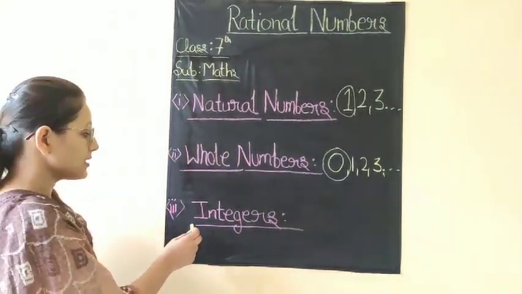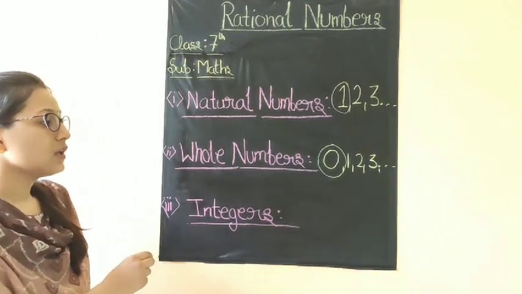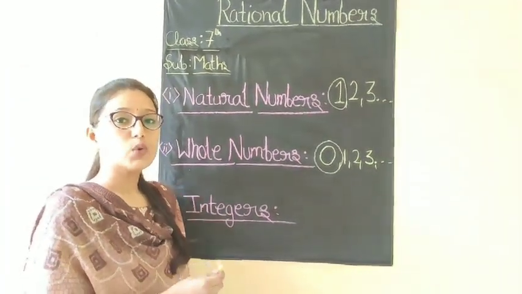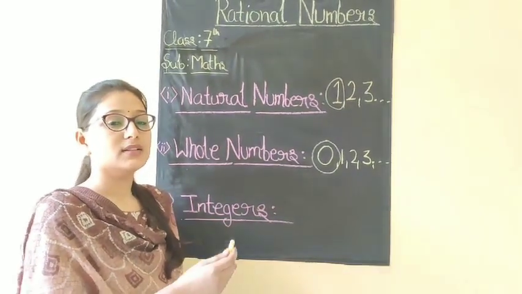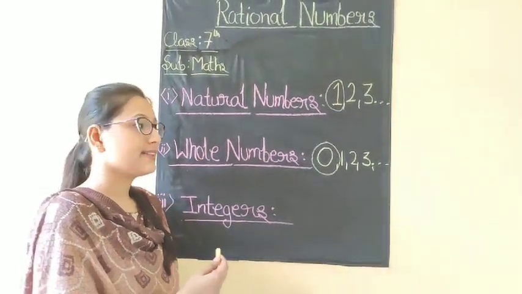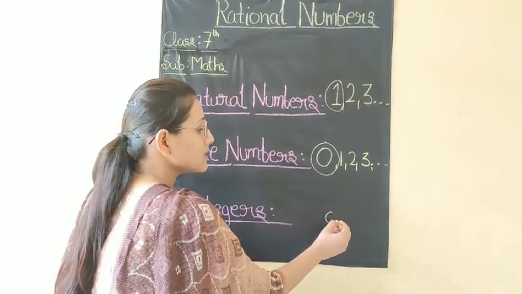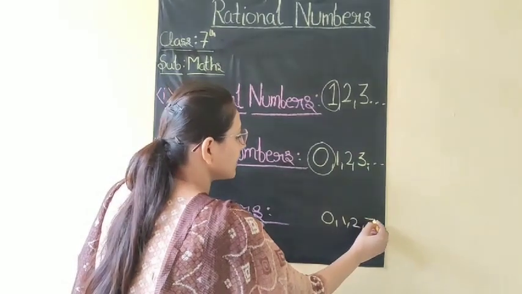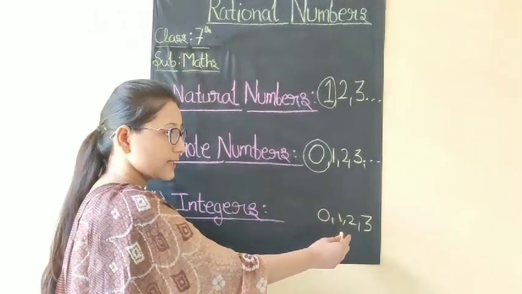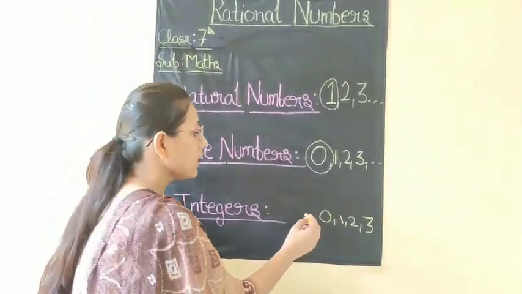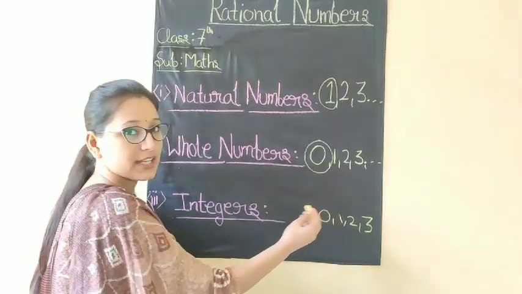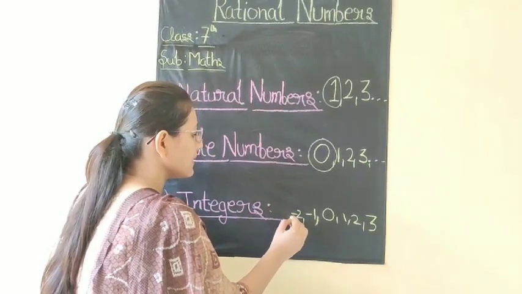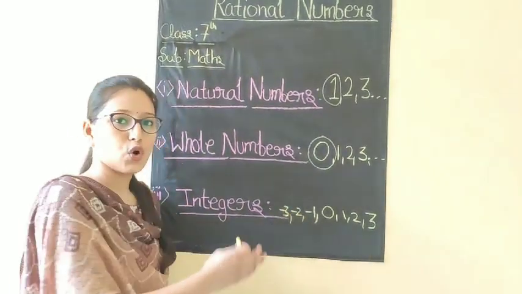Now, last point is integers. So, whole numbers and their opposite numbers are together called integers, like whole numbers 0, 1, 2, 3. They are called whole numbers, and their opposite, all the negative numbers like -1, -2 and -3 and so on.